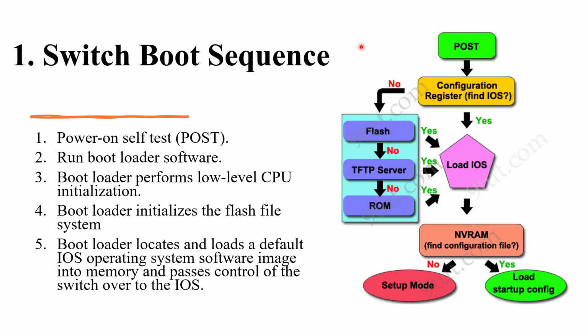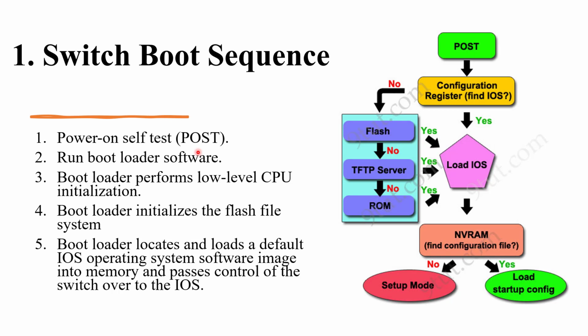Now, if I switch on a switch or a router, that means I allow the electricity to pass. If I turn it on, the first step is called POST, power on self test. What do you mean by power on self test? The device, whether the switch, router, or a computer, will check its own parts.